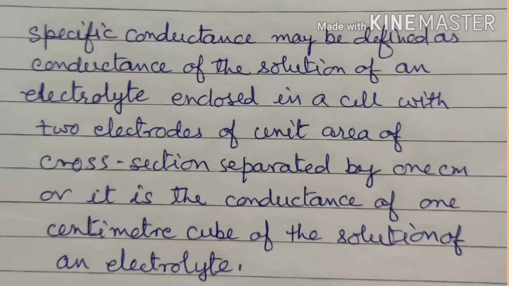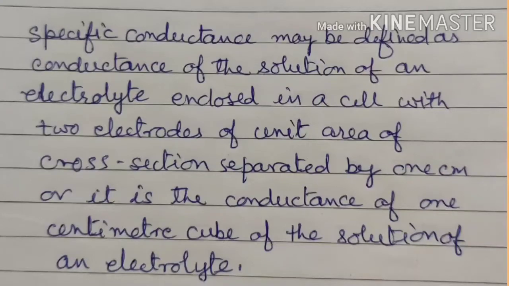Now we define the specific conductance. Specific conductance may be defined as the conductance of the solution of an electrolyte enclosed in a cell with two electrodes of unit area of cross section separated by 1 centimeter, or it is the conductance of 1 centimeter cube of the solution of an electrolyte.